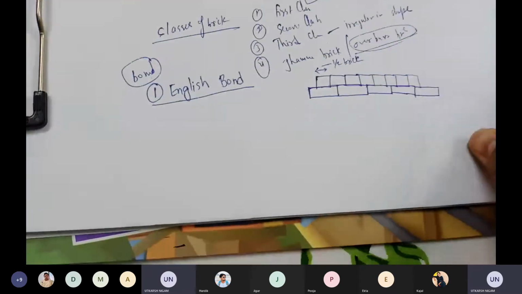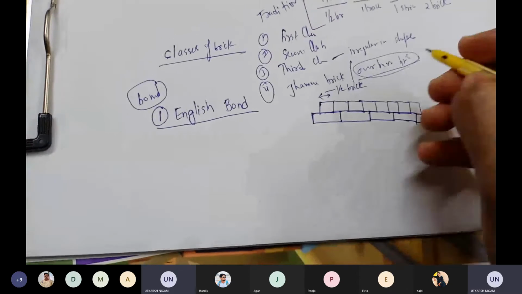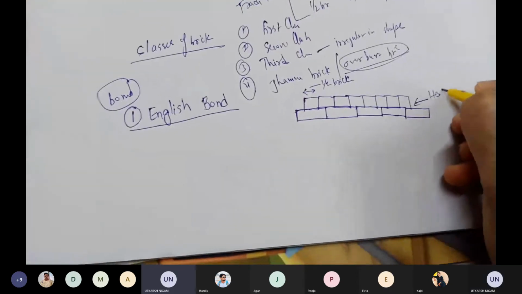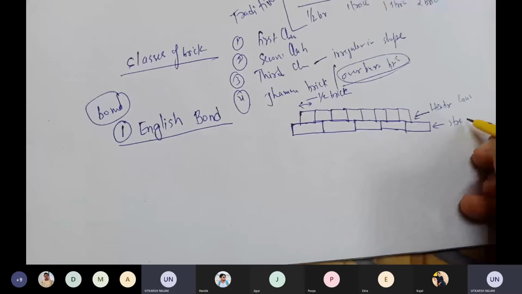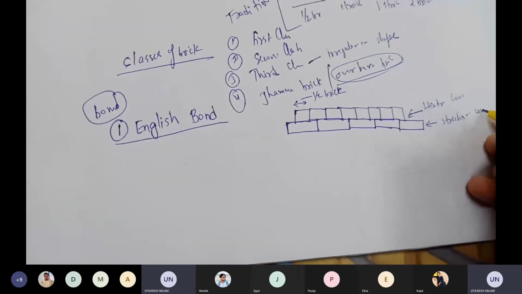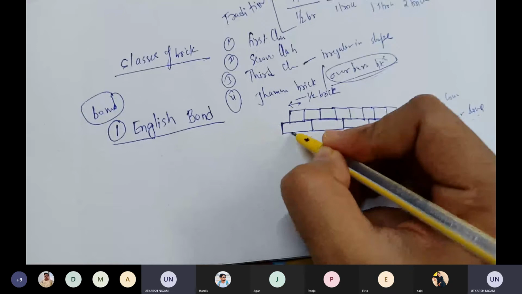That is a complete header bond. Then the header course is there on top. This is the header course, a complete header course, then a complete stretcher course will be there. So first the header course, then the stretcher course, then again a header course.